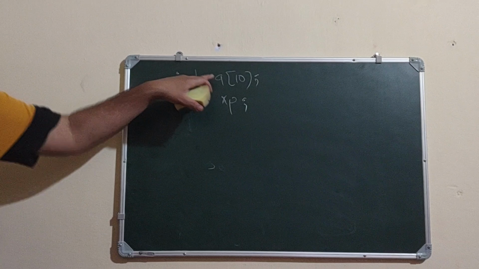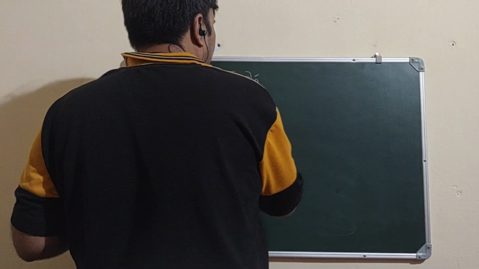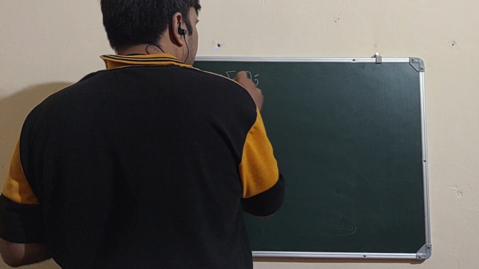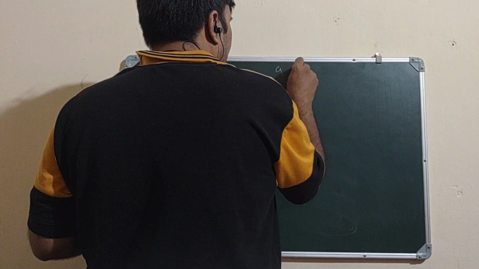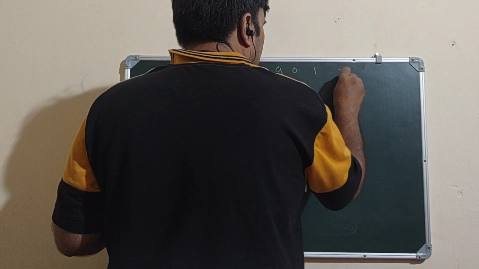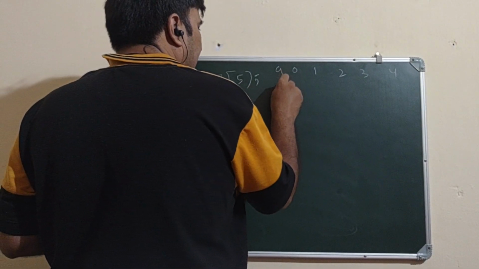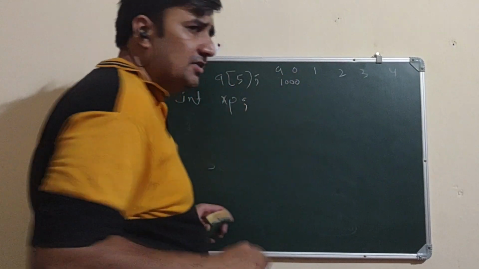Now let us take this example, array of 5. It will have indices 0, 1, 2, 3 and 4. For the time being, let us assume the 0th location is at 1000.